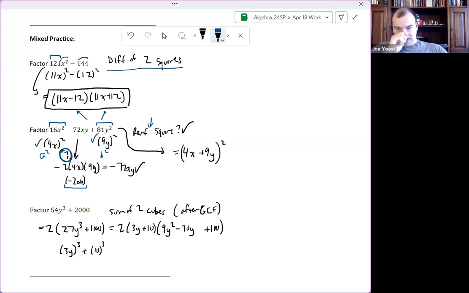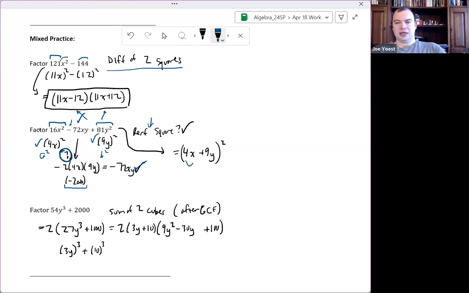Here I know that this would have to be a minus. So is it minus 2 times 4x times 9y? I compute negative 2ab, and I see that it's negative 72xy, which is indeed our cross term. So this does work out to be a perfect square trinomial.